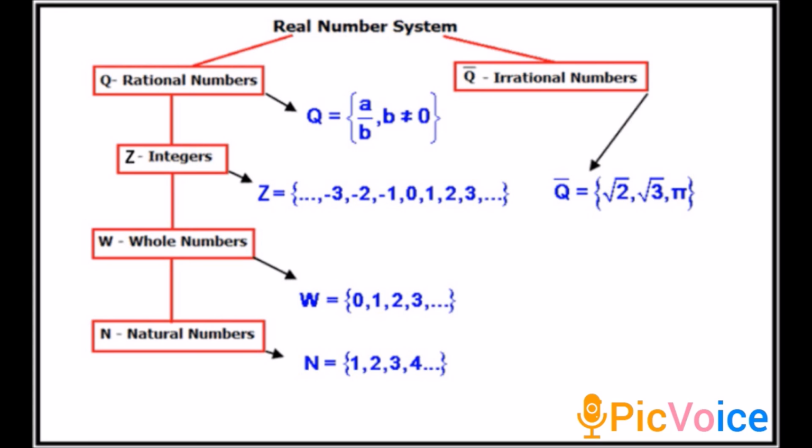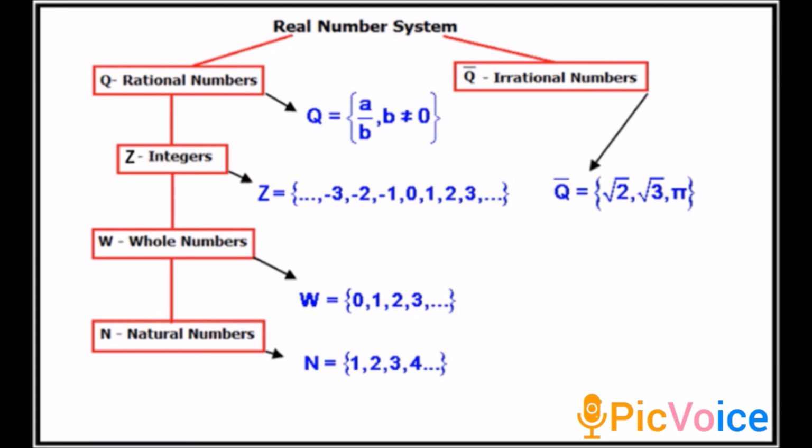The symbol for natural numbers is N, for whole numbers is W, and for integers is Z. So N equals 1, 2, 3, 4, etc. W equals 0, 1, 2, 3, etc. Z, that is integers, equals the set of all etc. So before that you have to put etc. and then write the negative numbers. Okay. -3, -2, -1, 0, 1, 2, 3, etc.